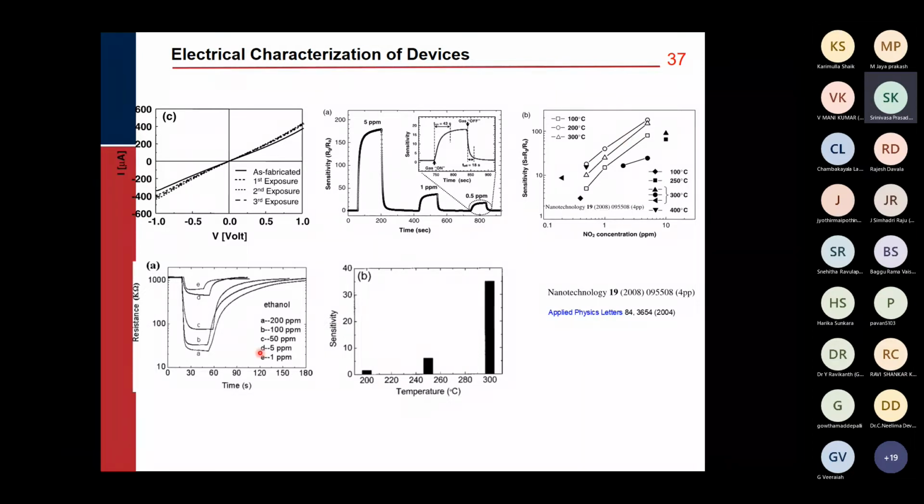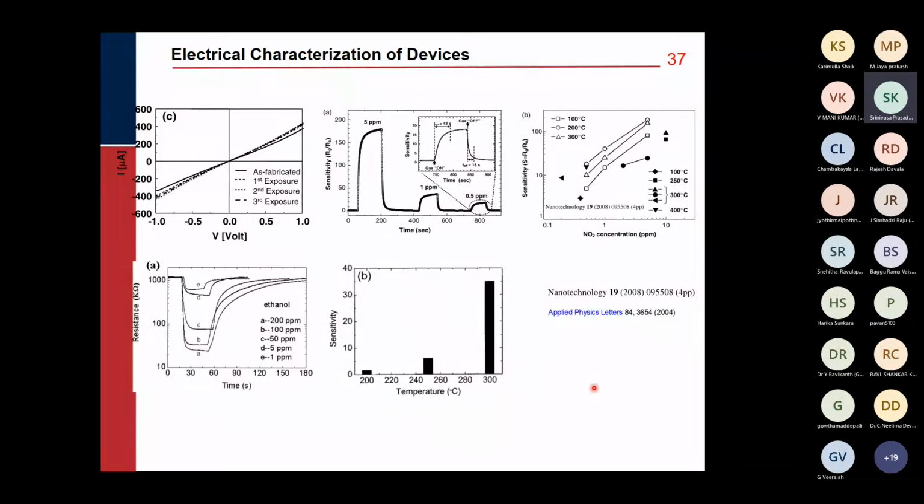Now here, in the first panel I have talked about gas sensing, but you can do it with another species. For example, in the bottom panel this is with ethanol, and you can see that for different concentrations of ethanol they have done the measurement, and here you can see this cusp is of a different height. That is something which is expected, and you can define the sensitivity at different temperatures and see that sensitivity also changes with temperature.